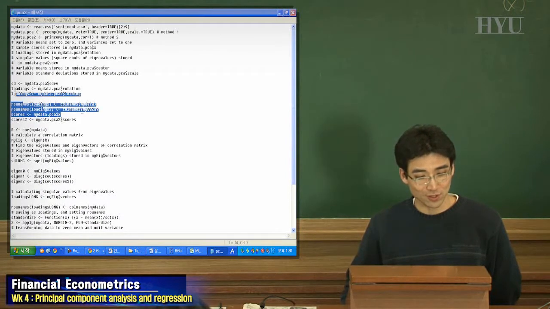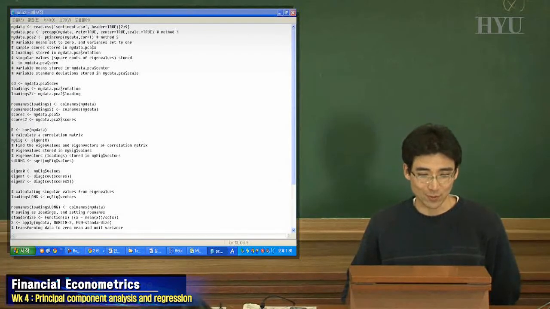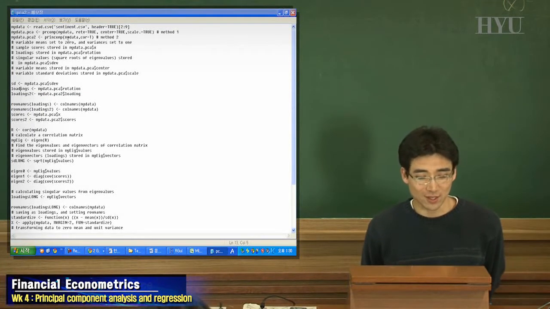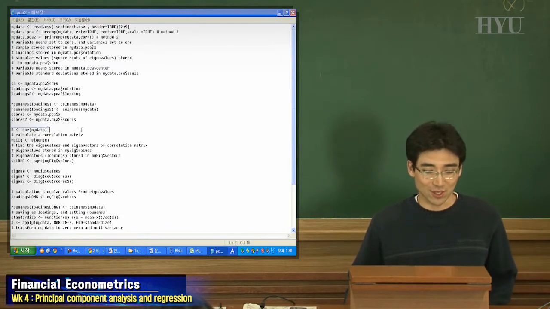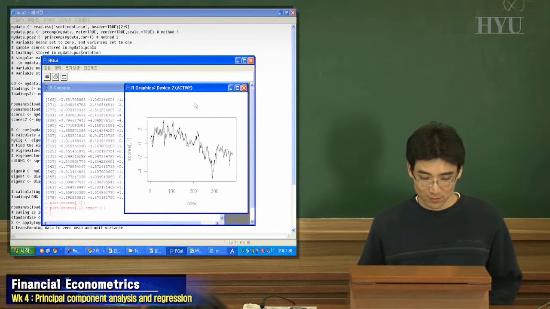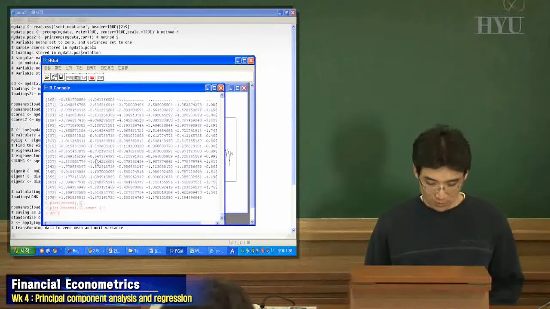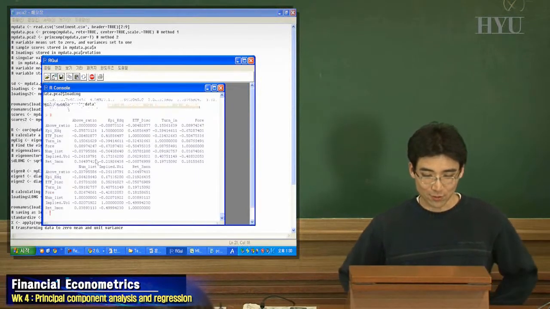This is the routine where I use the pre-installed principal component functions like prcomp and princomp, but instead I can start from the eigenvalue decomposition from scratch. So first I have to calculate the variance-covariance, the correlation matrix of my original data, which I save as R. So R looks like this.